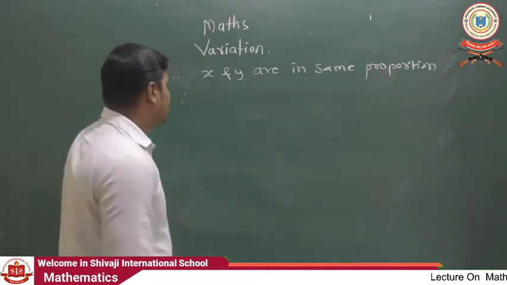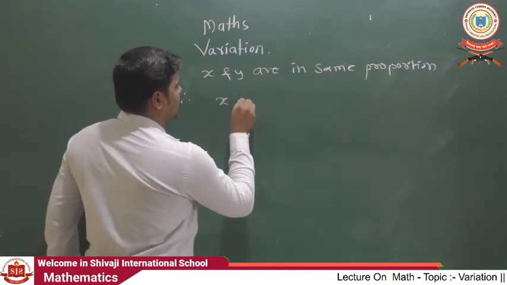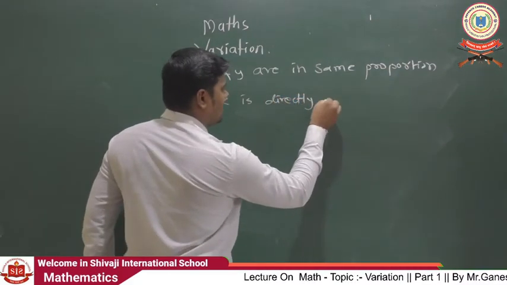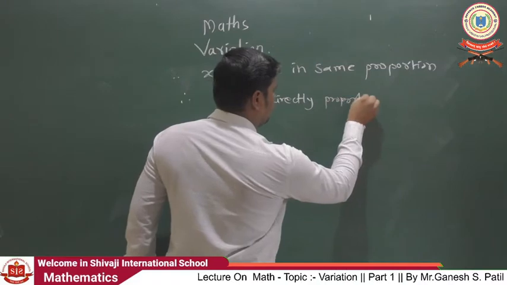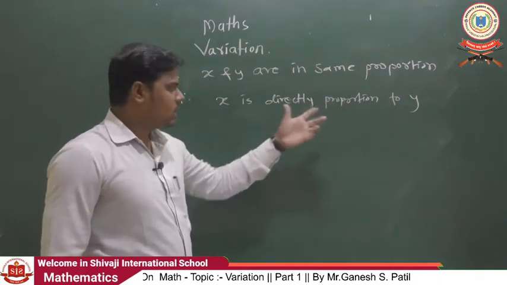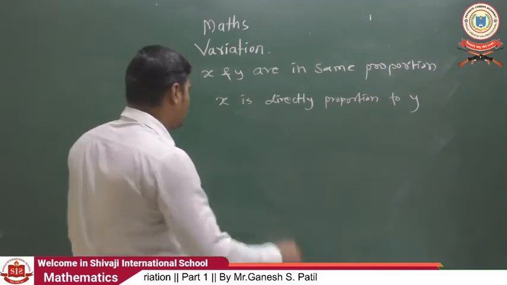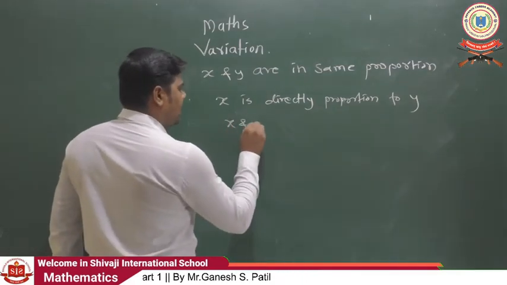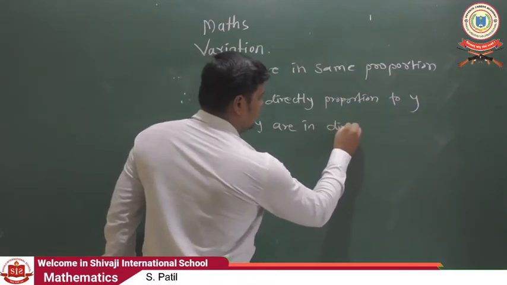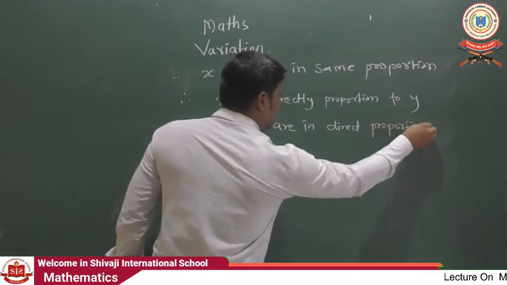That is, we can write x is directly proportional to y. Same proportion, directly proportion. Direct variation is also called direct proportion, and x and y are in direct proportion. This is the definition.